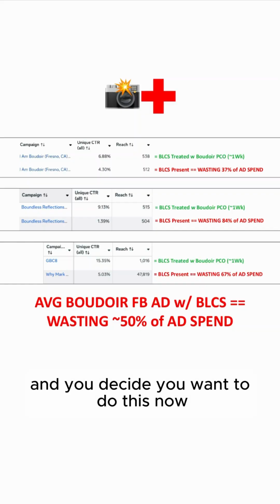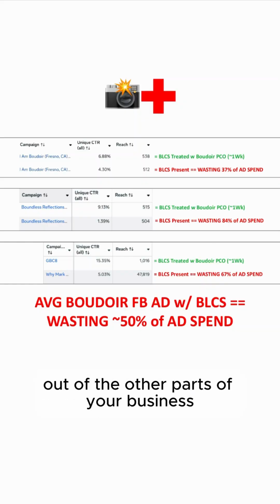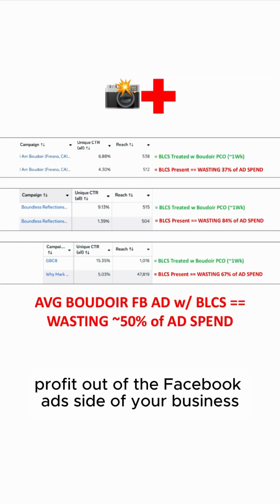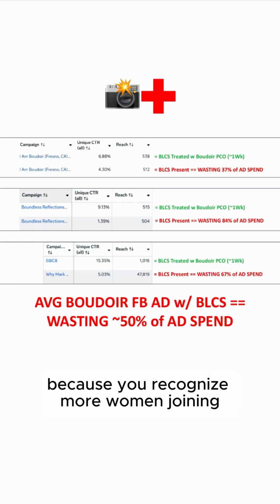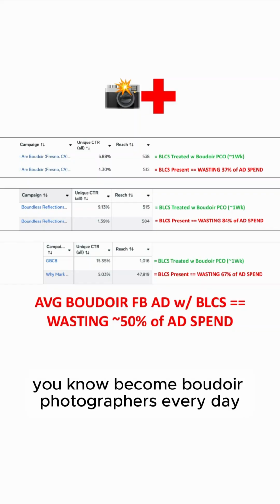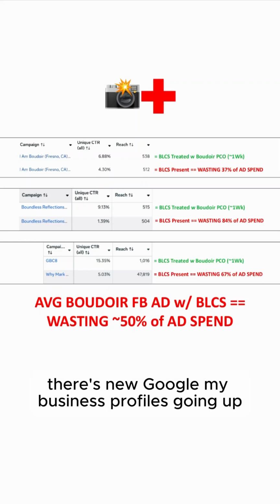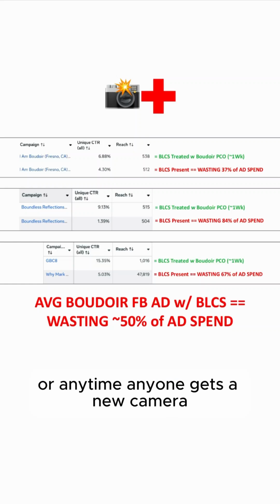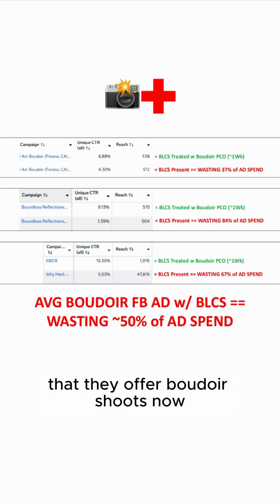And you decide you want to do this now because you've pulled profit out of the other parts of your business. Now you want to optimize profit out of the Facebook ad side of your business, plug the leaking hole there, because you recognize more women are becoming boudoir photographers every day. It seems like anytime anyone gets a new iPhone, there are new Google My Business profiles going up, or anytime anyone gets a new camera, there are new people posting in the mom groups for boudoir that they offer boudoir shoots now.